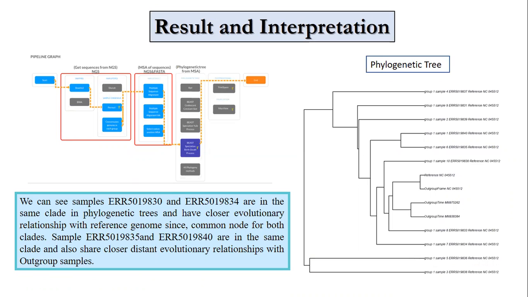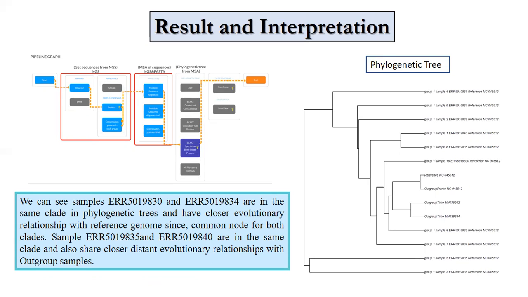The result interpreted is that samples ERR5019830 and ERR5019834 are in the same clade in the phylogenetic tree and have a closer evolutionary relationship with the reference genome.